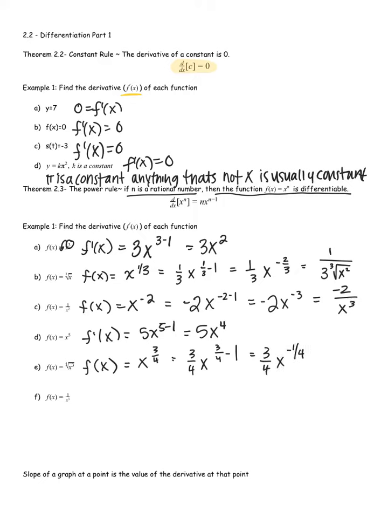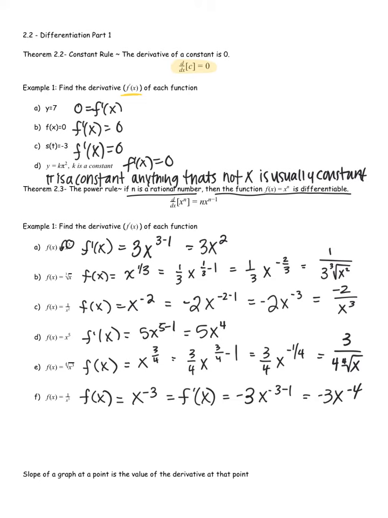And simplify, 3 over 4 times the 4th root of x. Okay, this next one again, because it's at the bottom, we need to change our function to x to the negative 3. So then our derivative is going to be negative 3 x to the negative 3 minus 1, which is negative 3x to the negative 4.